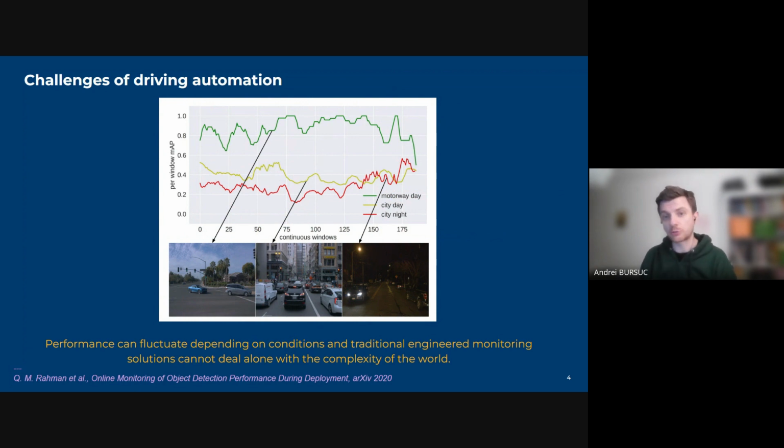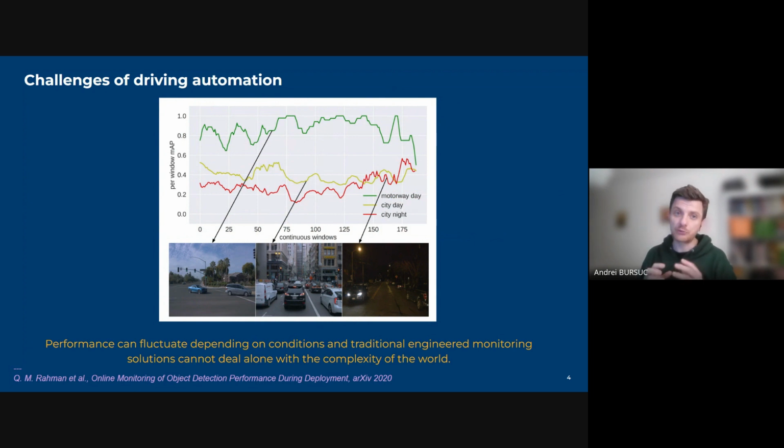Whatever the source of uncertainty it may be, often we might be interested, when we are dealing with real-time systems, in whether we can put confidence into this prediction or not. So we're rather looking at the confidence, whether our model is going to fail or not.